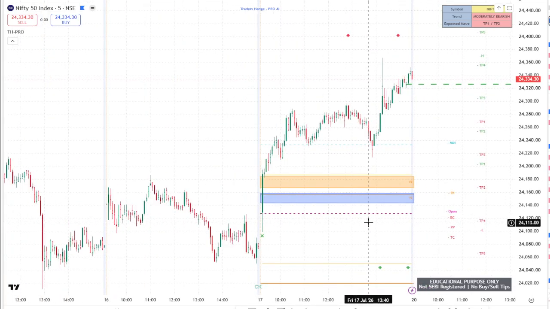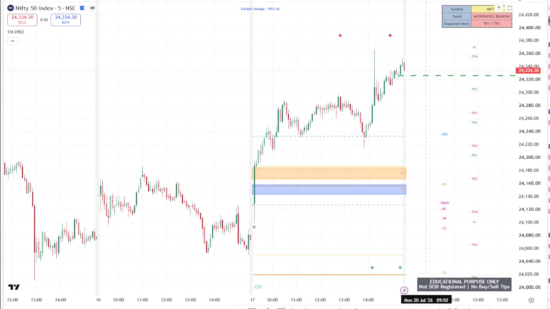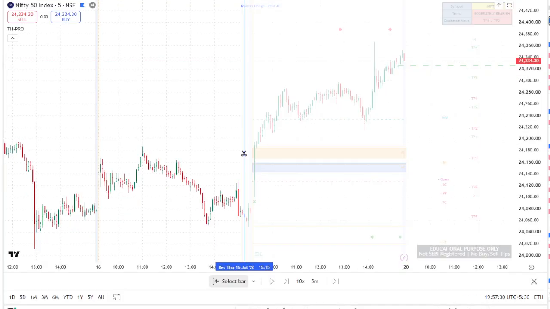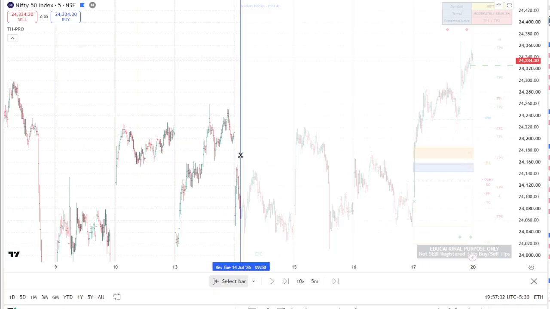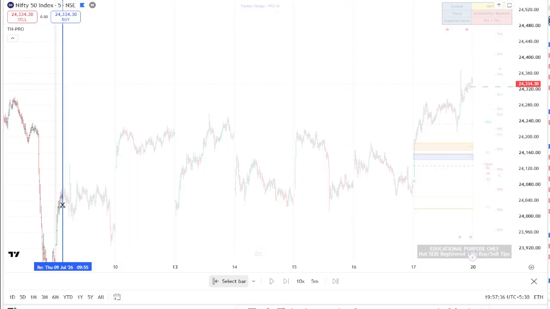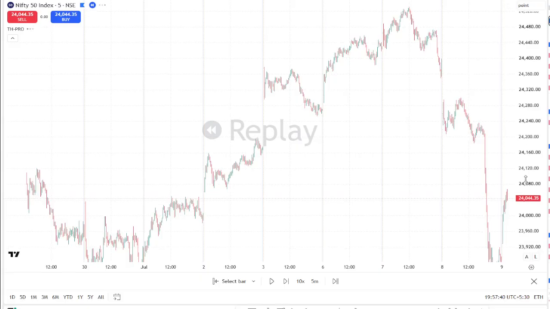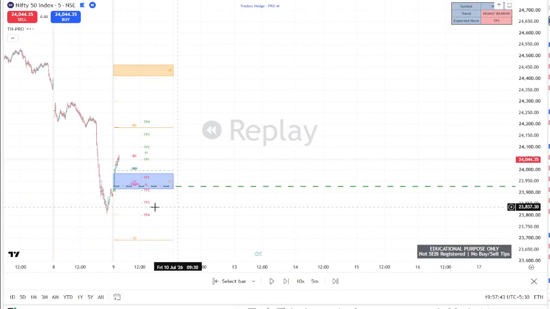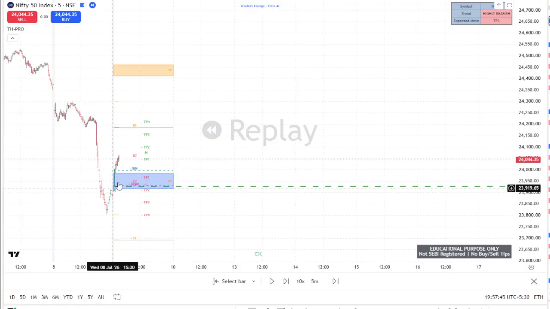In case you're using the premium version of the TradingView indicator, just go and see each day. Let me show you the beauty of it. Let me go to some Thursday last week, and you can see when this trading session started, we knew there was liquidity around this price.